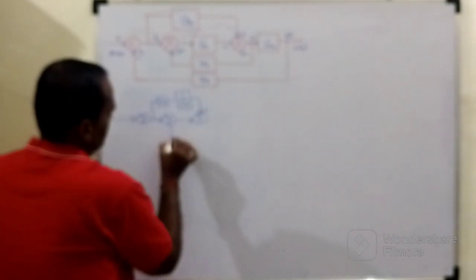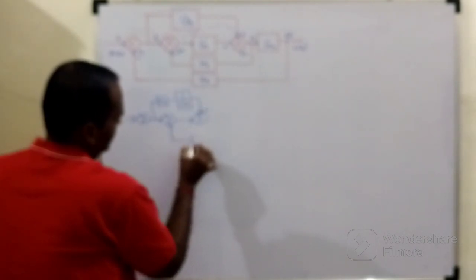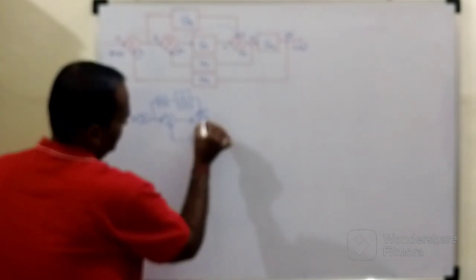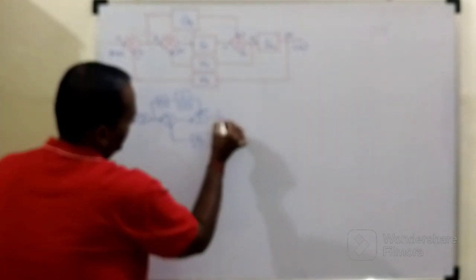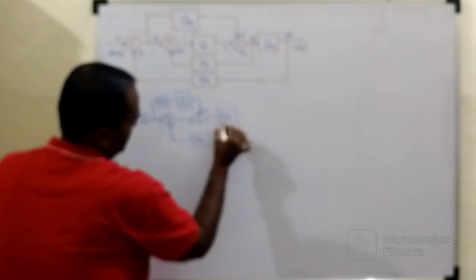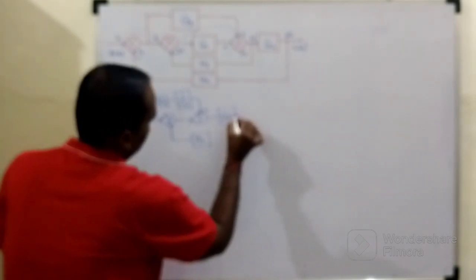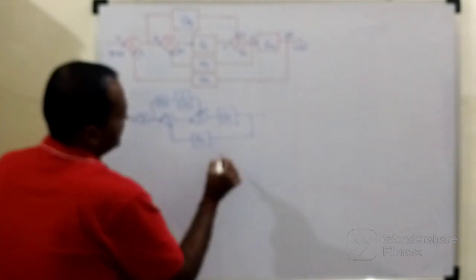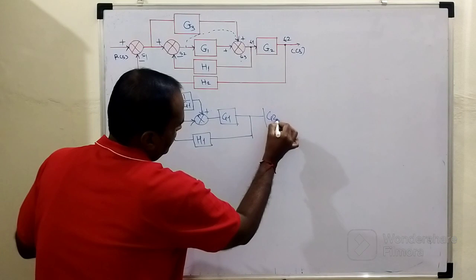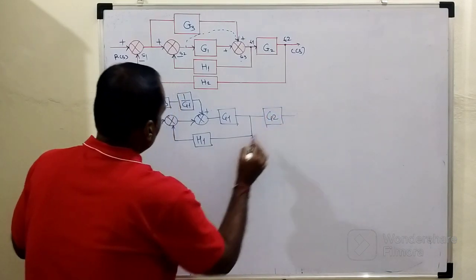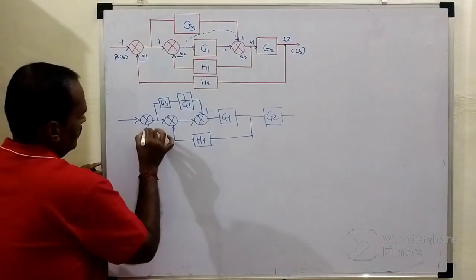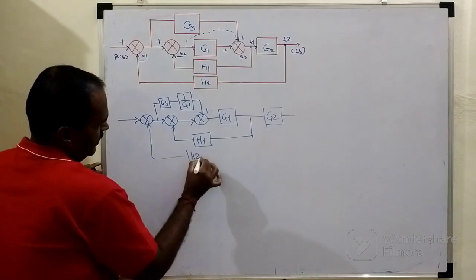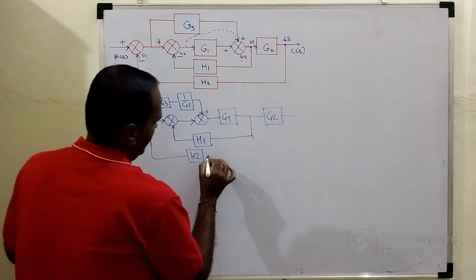Then this summing point number 2 is associated with this feedback element whose gain is H suffix 1. The summing point is being shifted before this G1. So as it is, this H1 is terminated after this G1, which is G suffix 2, and belongs to this summing point number 1. This will be the outermost feedback denoted by H2.